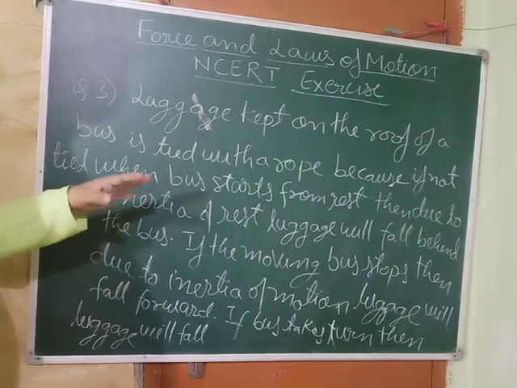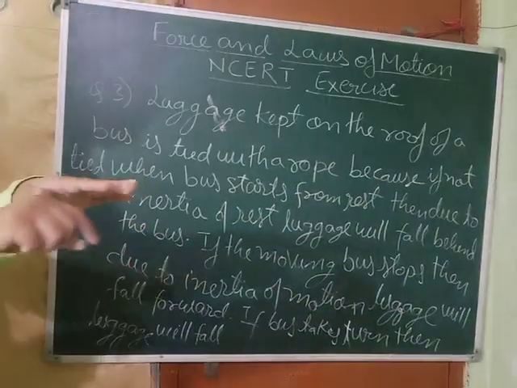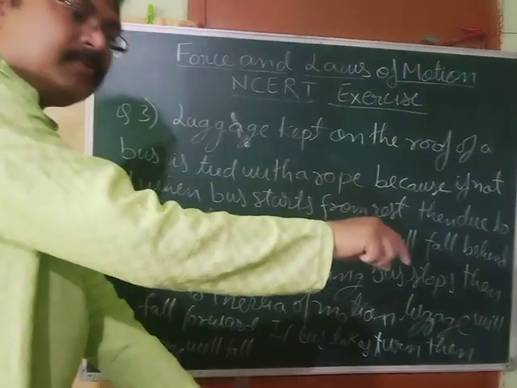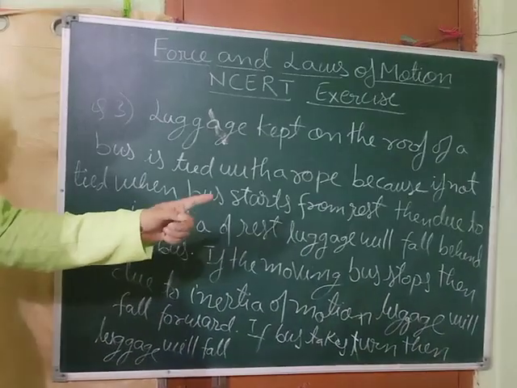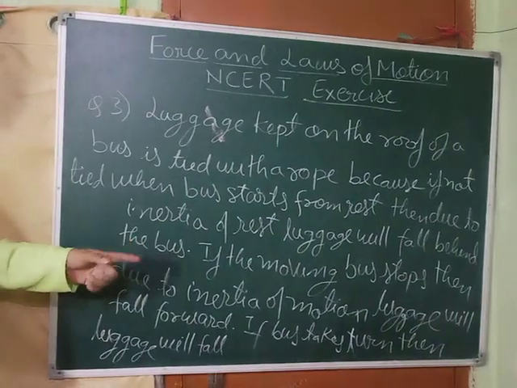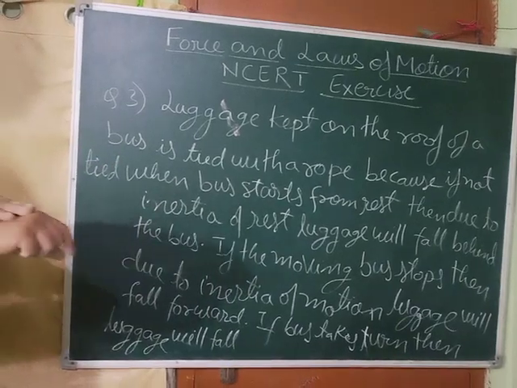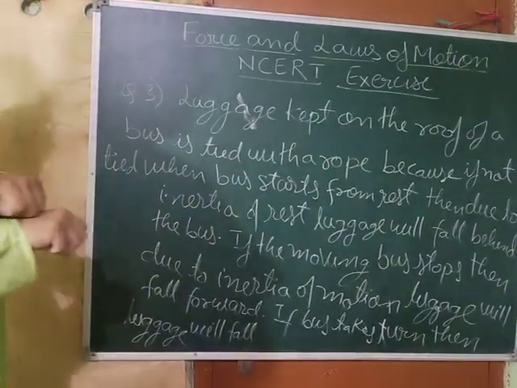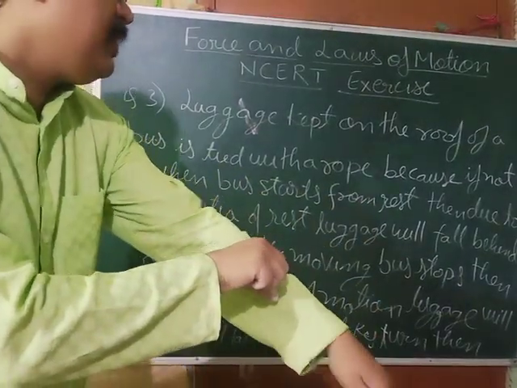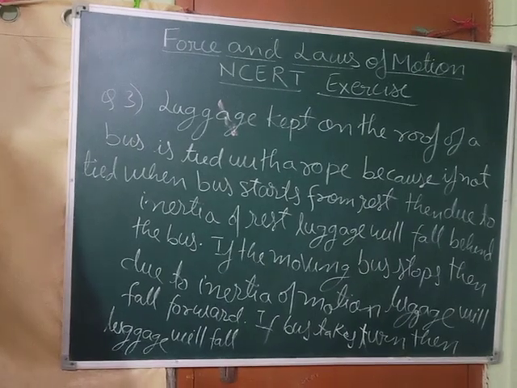So the luggage will fall behind the bus. The bus will move ahead and the luggage will fall there only, behind the bus. Now second part: if the moving bus stops, then due to inertia of motion, the bus has come to rest but the luggage is still in inertia of motion. As the bus is going and stops, the luggage will go ahead and fall in front of the bus, in the forward direction.